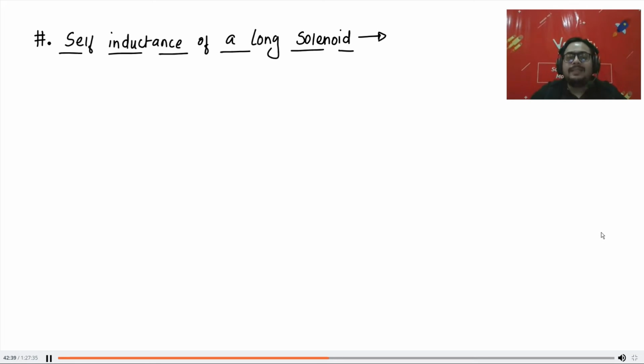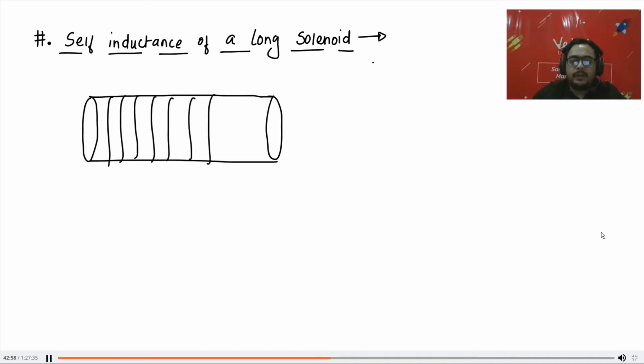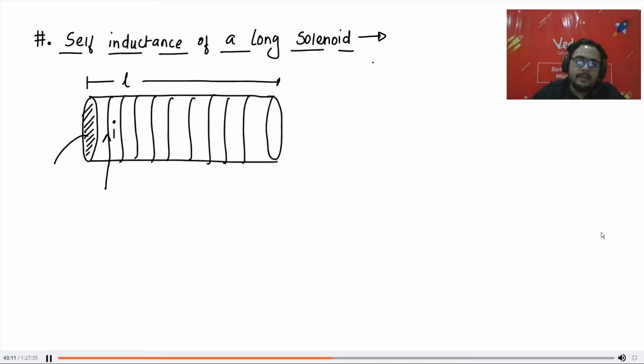So what is the self-inductance of a long solenoid? Let me say that we have a long solenoid like this. I hope you remember the solenoid. There are many coils in a solenoid because wire is wound on it. Let us say current I is flowing through it and the length of the solenoid is L. The cross-sectional area is, let me say, A. So I need to calculate the self-inductance of the solenoid.